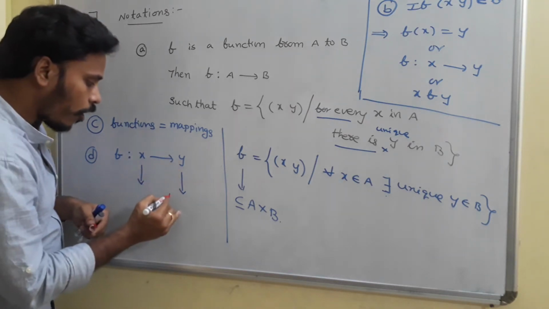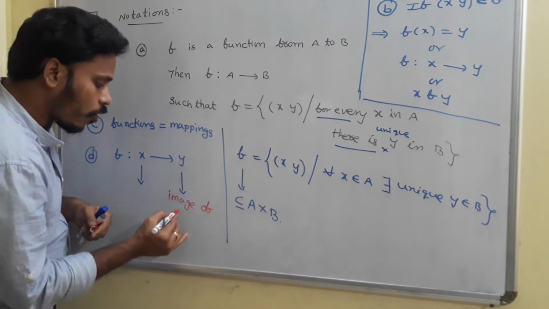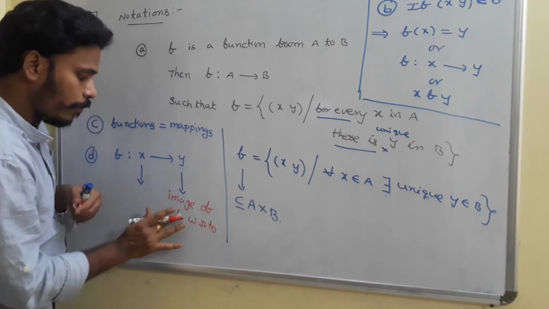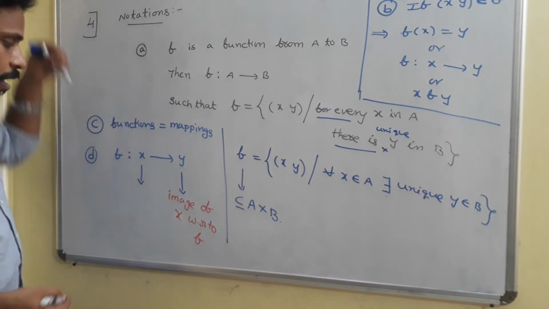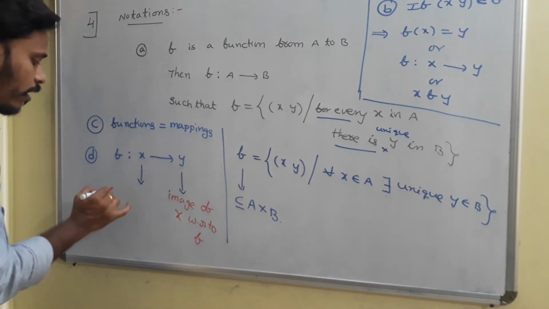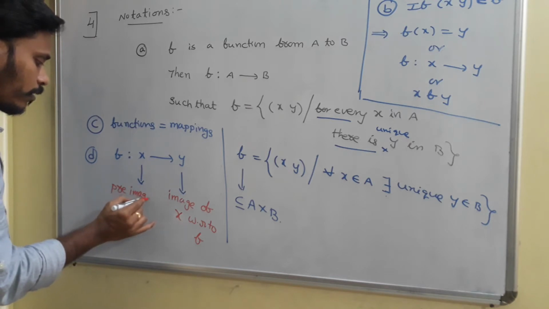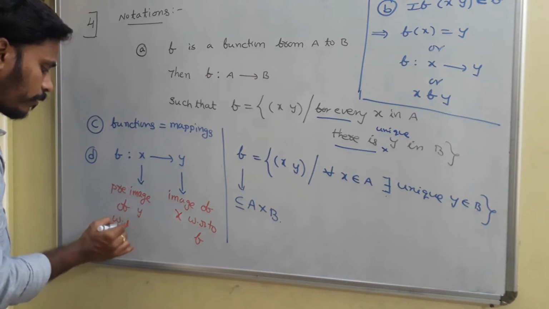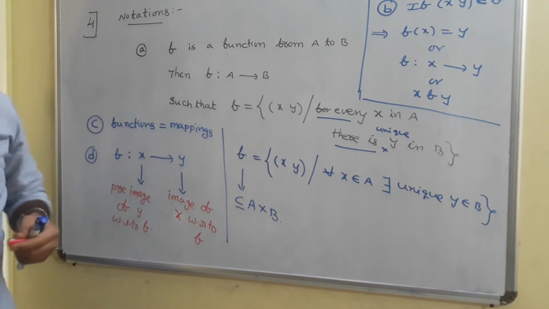This y is called the image of x with respect to the function f, whereas this x is called the pre-image of y with respect to f. So all these are different notations related to the function.